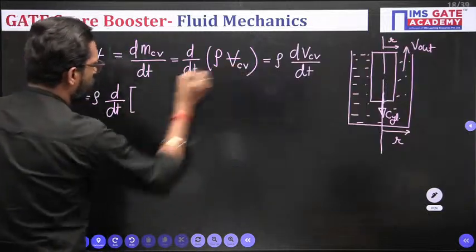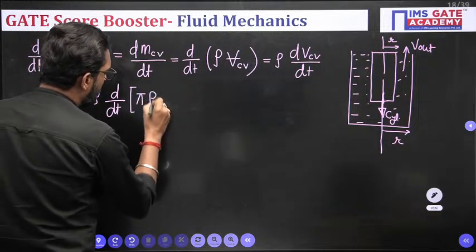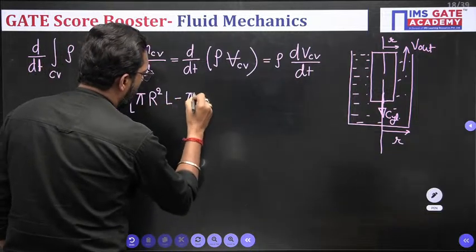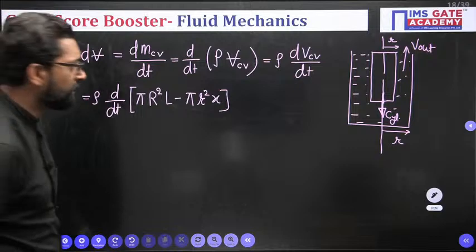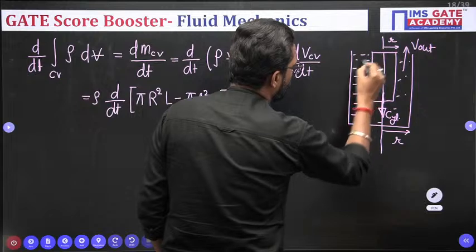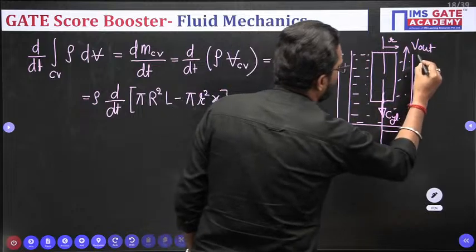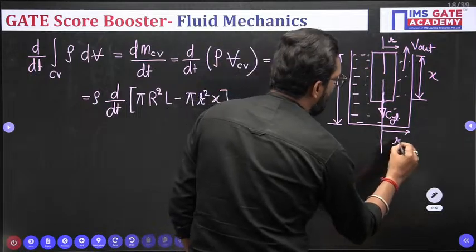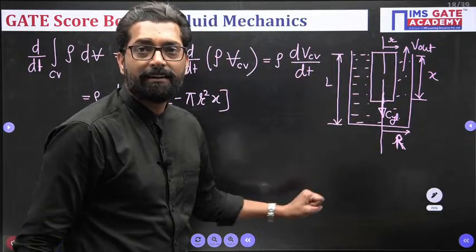See this one: this length is L, this length is x, and this is your radius capital R. So what is the volume of length L and radius R?